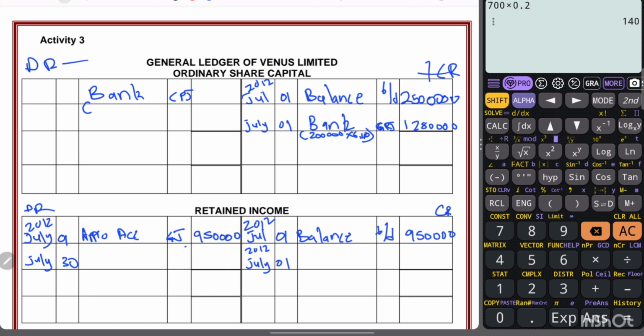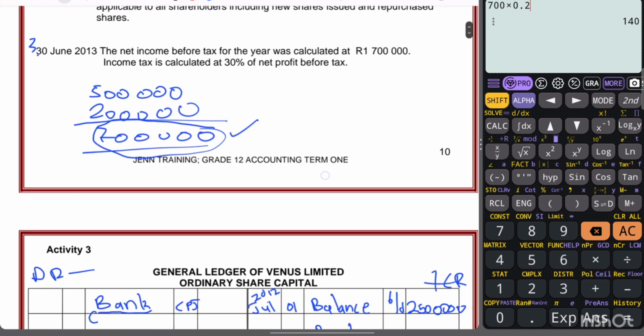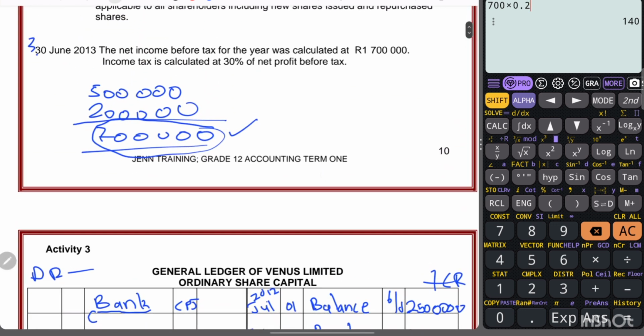Now you need to listen to me very carefully. When it comes to the buying back of shares, here we want the average price. Let's go now and calculate the average price.